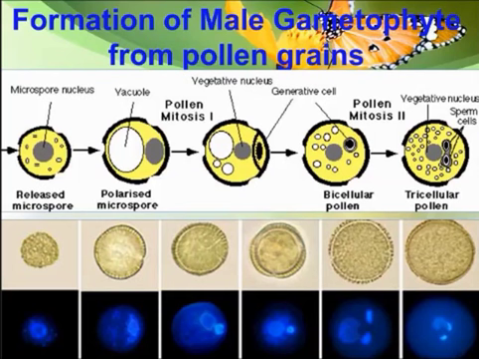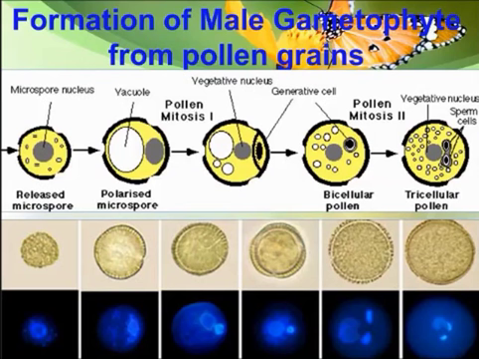This phase begins with the expansion of the microspore, which is commonly associated with the formation of a single large central vacuole. This vacuolation is accompanied by the displacement of the microspore nucleus to an eccentric position against the microspore wall.